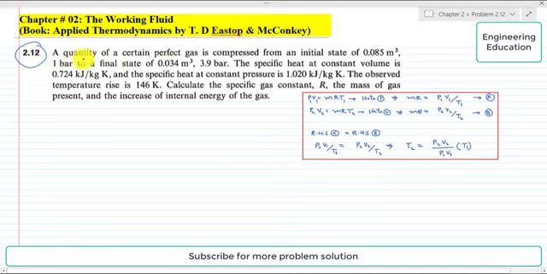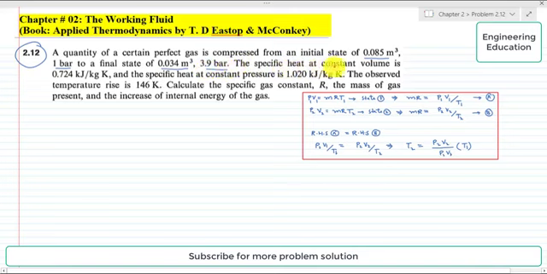Statement of the problem is: a quantity of a certain perfect gas is compressed from an initial state of 0.085 cubic meter, 1 bar, to a final state of 0.034 cubic meter, 3.9 bar.